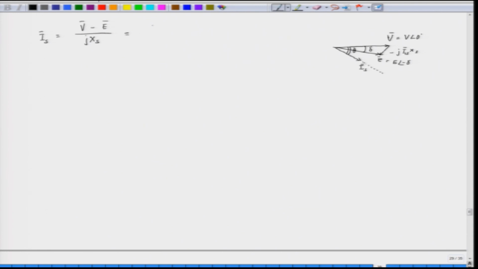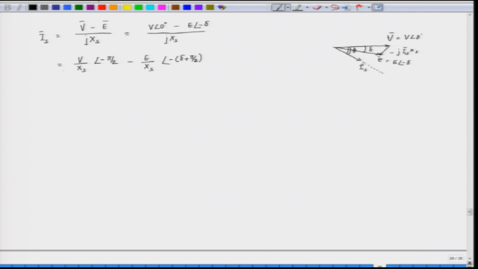What is the applied voltage? Applied voltage is V angle 0. What is the induced EMF? It is E angle minus delta, and this is j x s. So, that is equal to V by x s into angle minus pi by 2, or 90 degree, minus E by x s angle minus delta plus pi by 2.